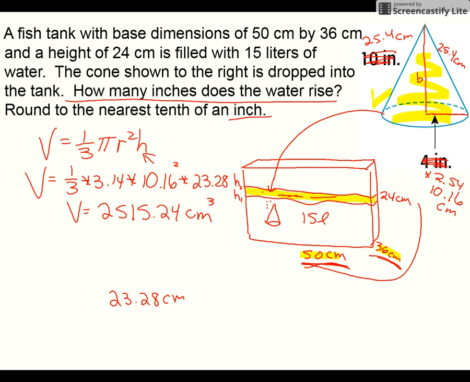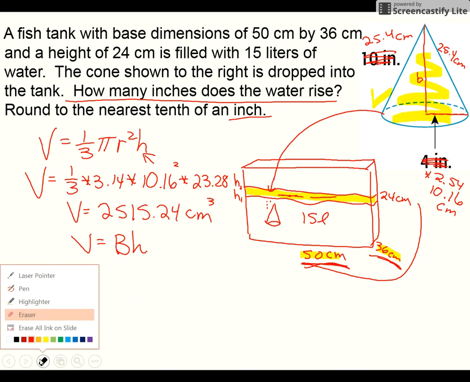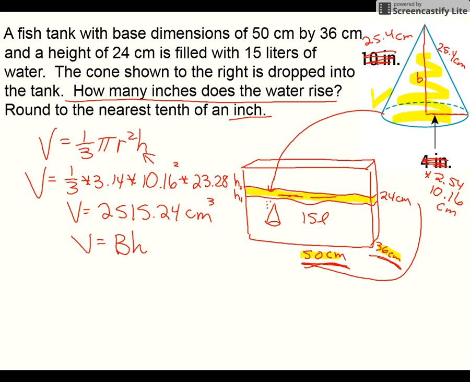Now, remember, we said that the volume of the cone was equal to the volume of this yellow area here, which it raised up. So if those volumes are equal, I can find the height just by setting the volume for the prism up. So base area times height. Let's get rid of this too. Makes it a little bit neater. And now the volume is, as we said, 2515.24.